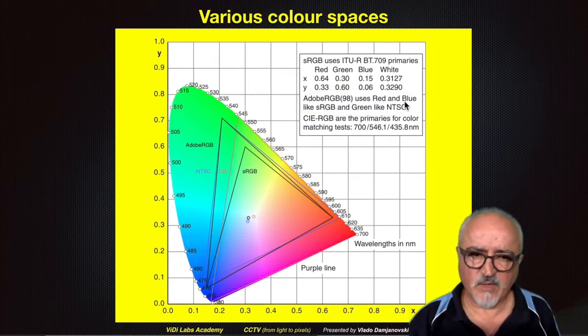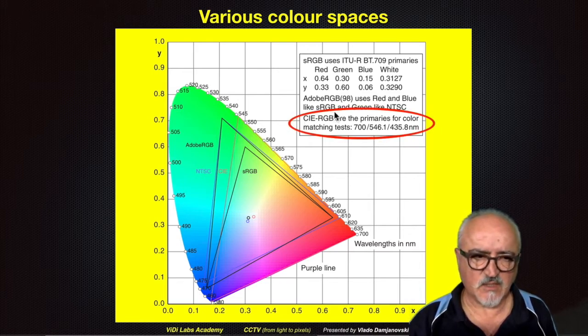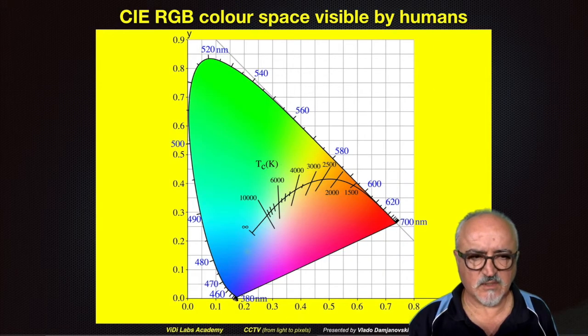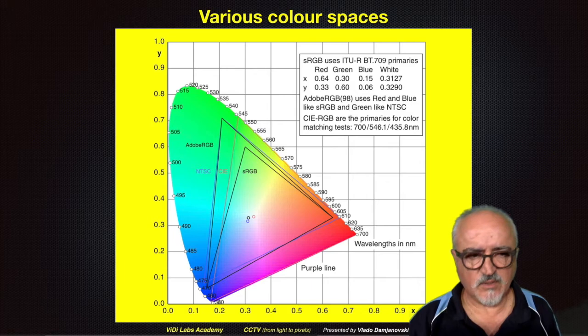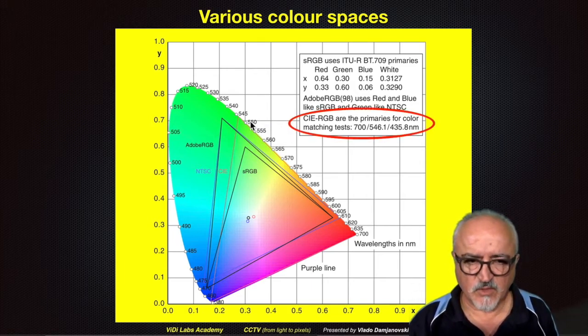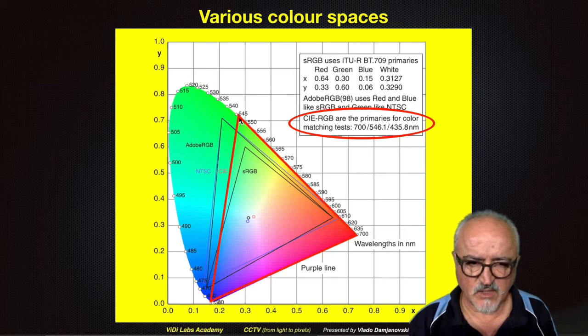While if you compare with the CIE RGB space, as we said earlier, which was shown in this diagram, remember we had for the blue 435.8, for green 546.1, and for red 700. With such a color space of CIE, we've got this curve, and 546 was here, that was the green color.